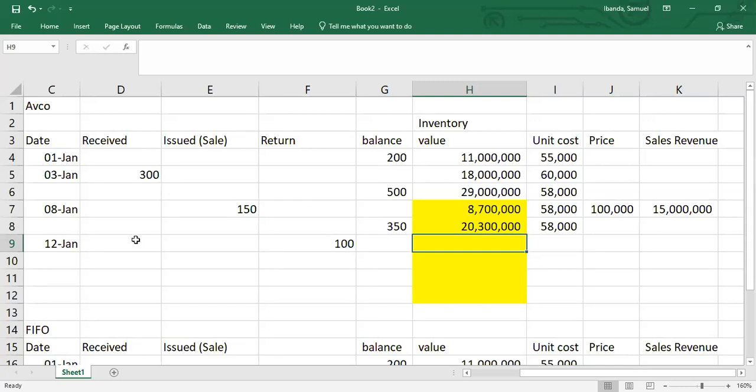Okay, and if I'm to look at this, it is that. Okay, so if I issue goods on 12th January, or okay, if they are returns, these are returns which are 100, and they're telling us that these returns are being picked from what? From what was purchased on 3rd. So these returns basically, in terms of their unit cost, is what we basically do have in terms of what we bought them.